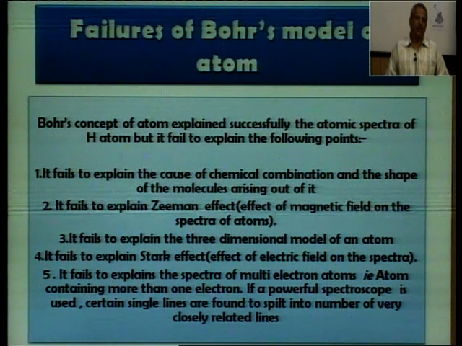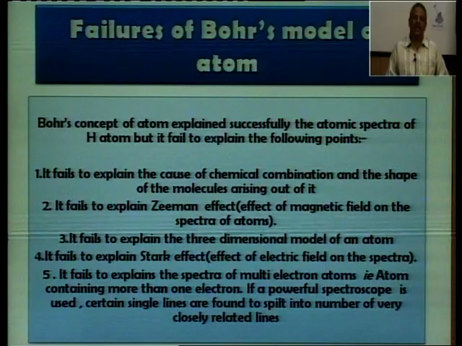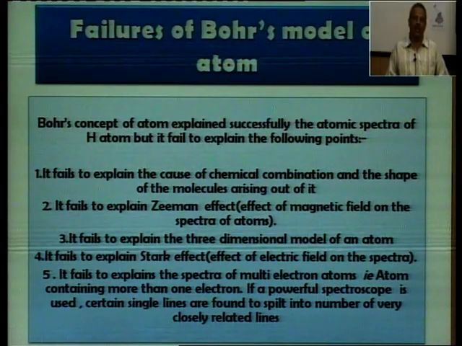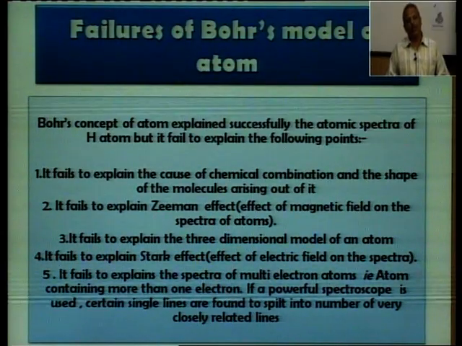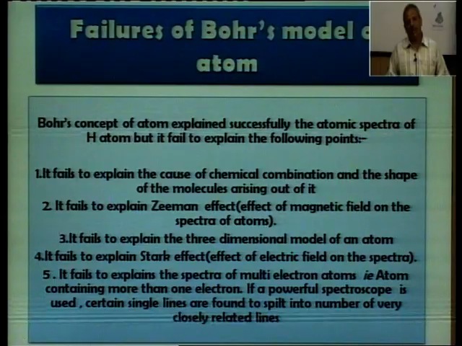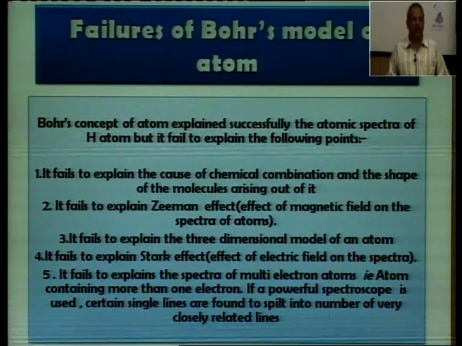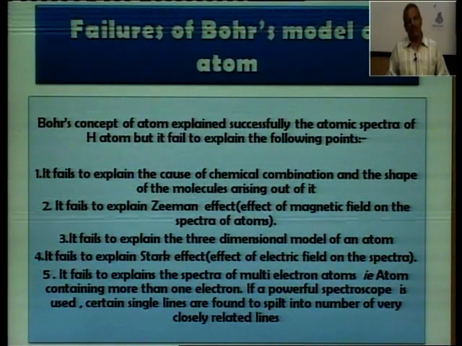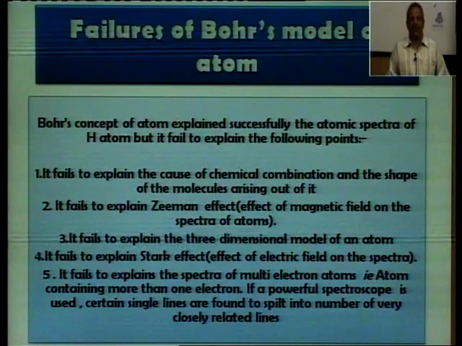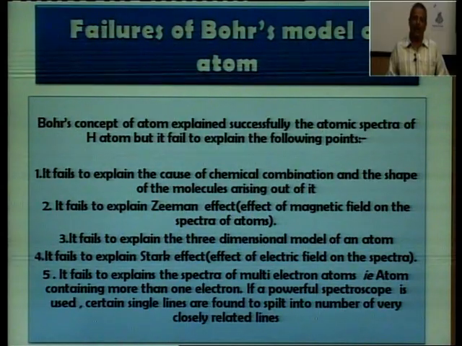Bohr's concept of the atom successfully explains the atomic spectra of only the hydrogen atom, but it failed to explain the following points. Number 1, it failed to explain the cause of chemical combination and the shape of the molecules arising out of it. Number 2, it fails to explain the Zeeman effect of a magnetic field on the spectra of atoms.